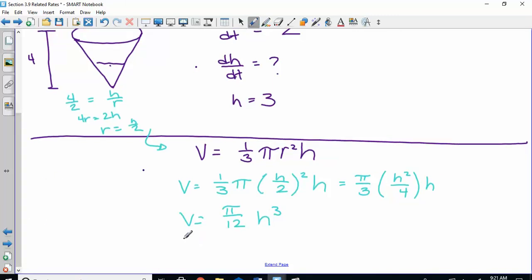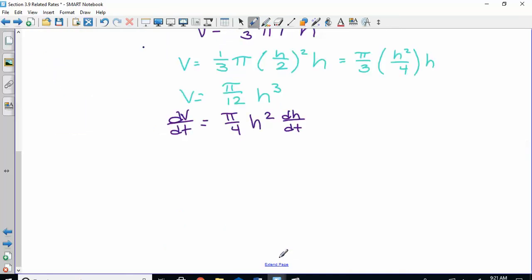Now let's do this derivative. So what's the derivative of v? Okay, over here the 3 comes down. So pi over 12 times 3 is pi over 4 h squared, and that needs dh dt along with that.